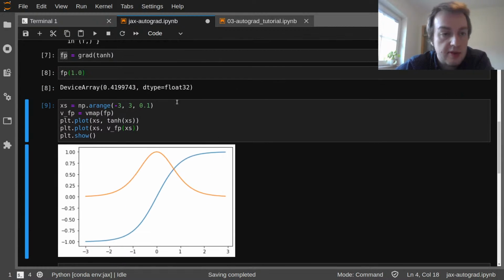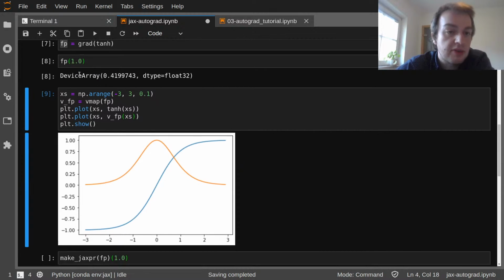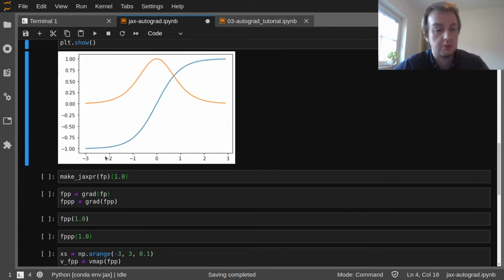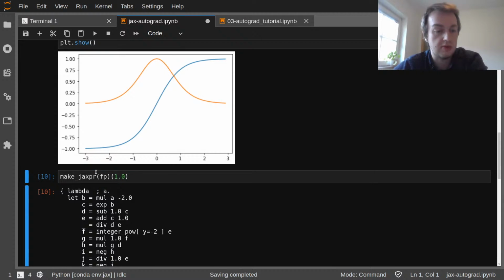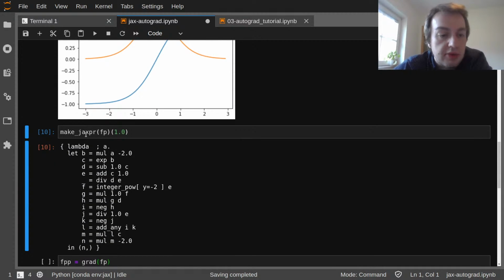And so what happens is that when you run fp at 1, there is some graph of computation which is built below. That graph of computation, and I'm using the same function to inspect it, would now look like this. And that would actually run automatic differentiation on my original function, the hyperbolic tangent.